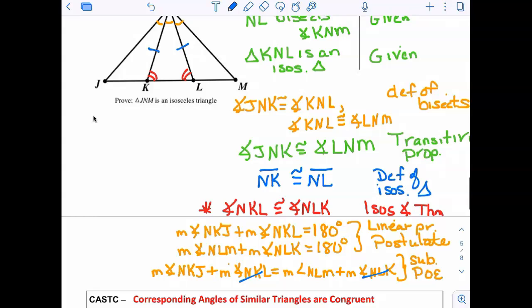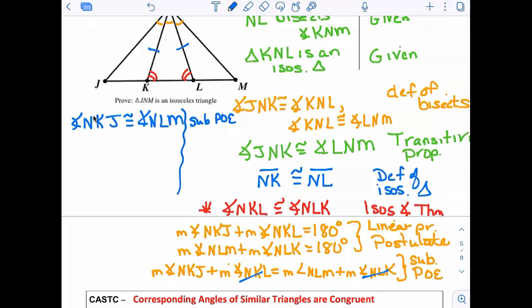We can state that angle NKJ is congruent to angle NLM. And again, that would be, I'm running out of room, substitution property of equality. Okay?